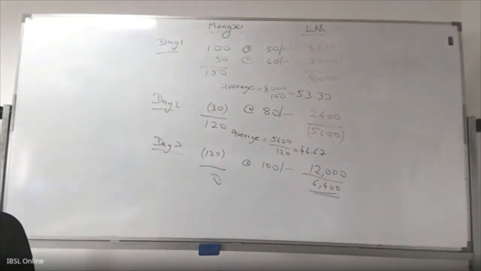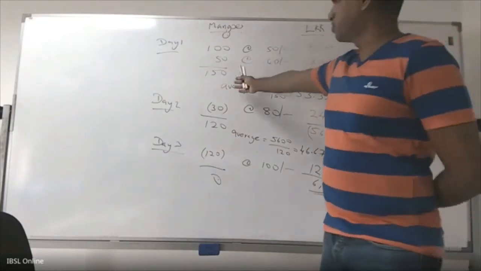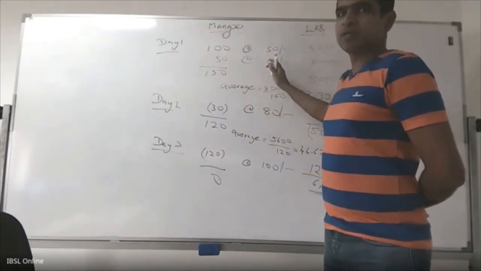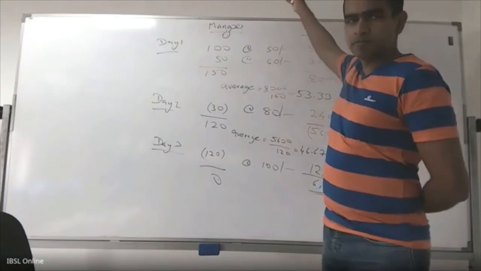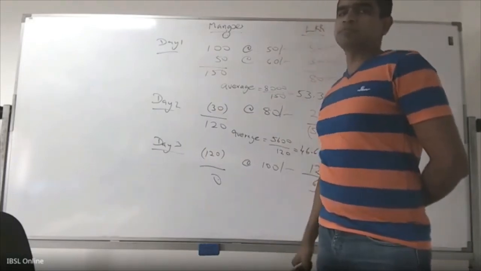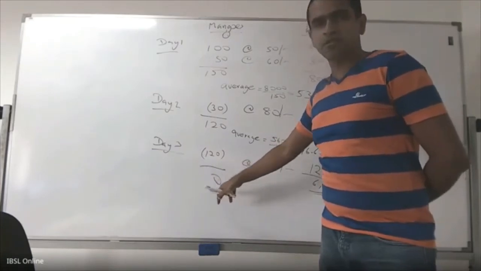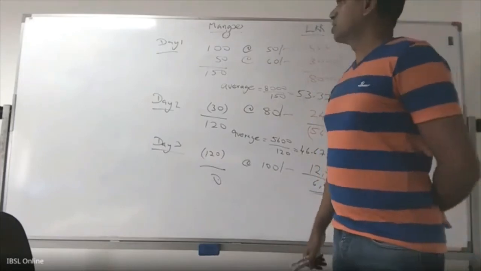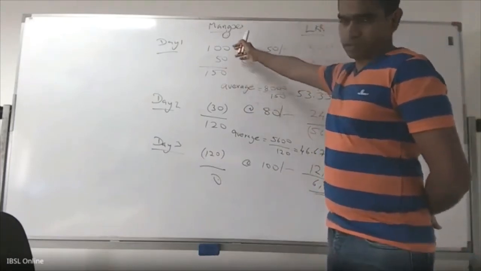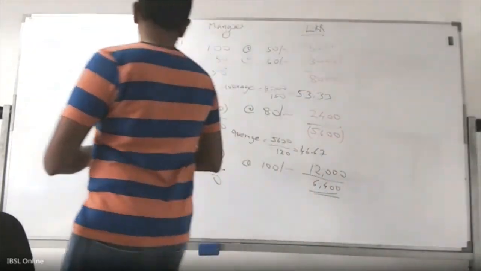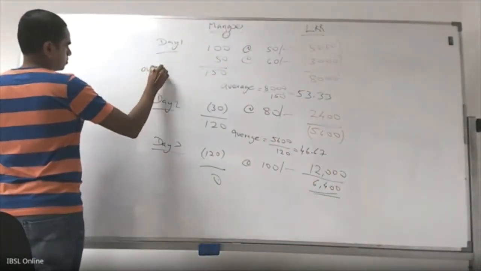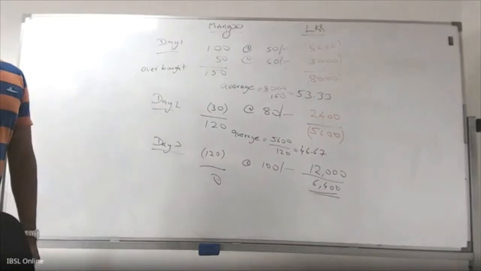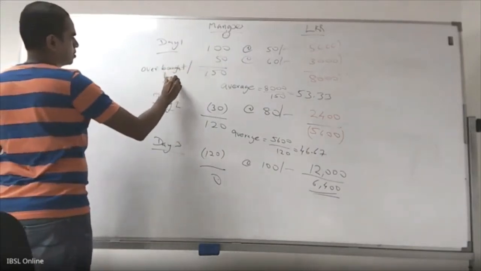Understood? So if you are carrying an exposure, which is called a position, you are exposed to price fluctuations. If the price goes up, you make profits. If the price drops, you will lose. If your position is zero, if you're squared, you have no impact. Profit will not change. Right? So in this case, you are plus on mangoes, so it's called an overbought position or a long position.